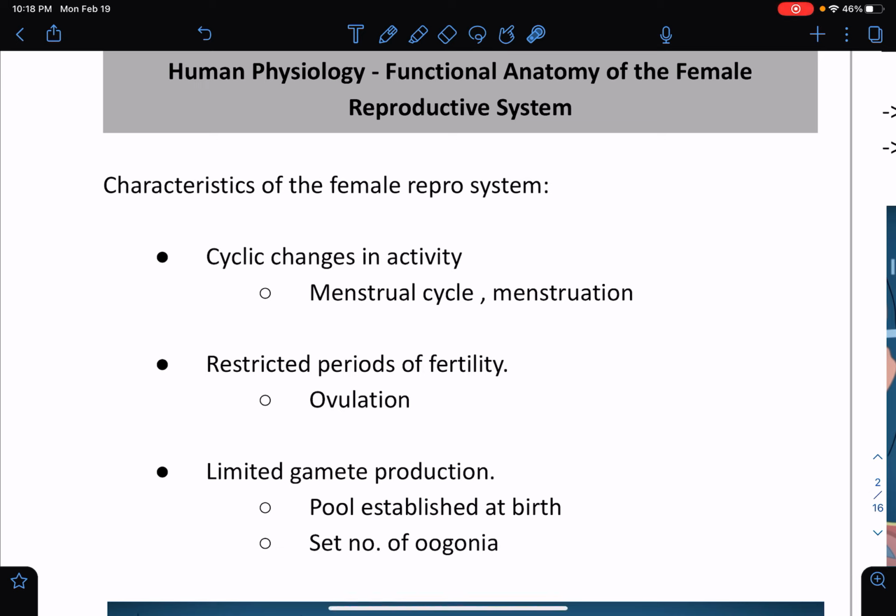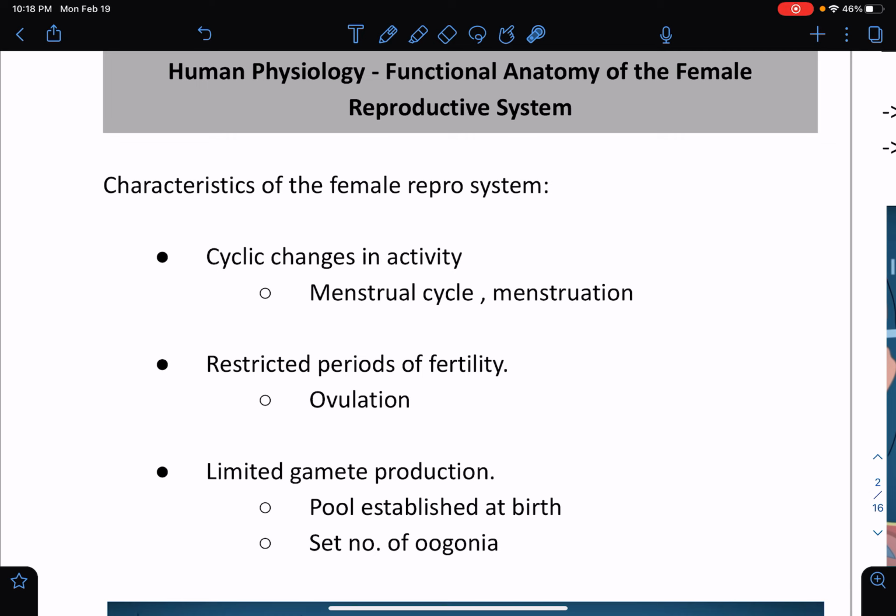So, there is something called a fertility window. It is only during this time that you can be pregnant, and there is a time when you cannot be pregnant, even if you and your partner do intercourse. And for the third characteristic, we have limited gamete production.